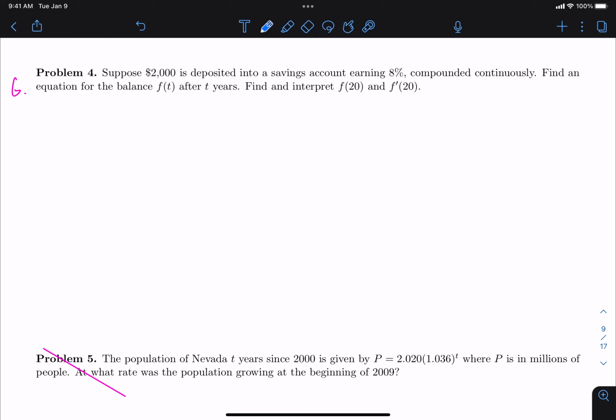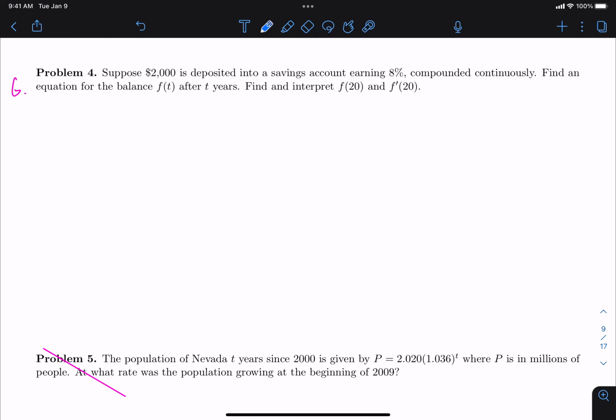Okay, so now, all we gotta do is organize the equation. So we got $2,000 deposit earns 8%, right? So we got to use our compound interest. Remember that one for continuous interest? Okay, so it's P of t.